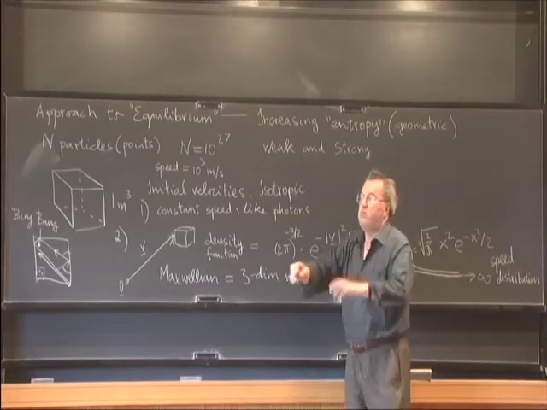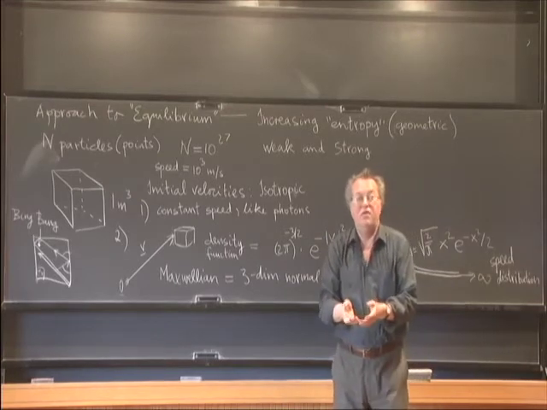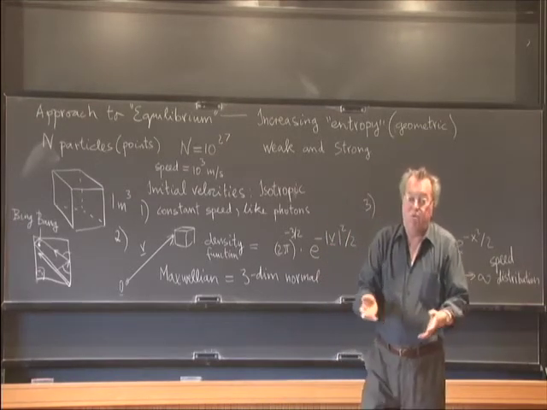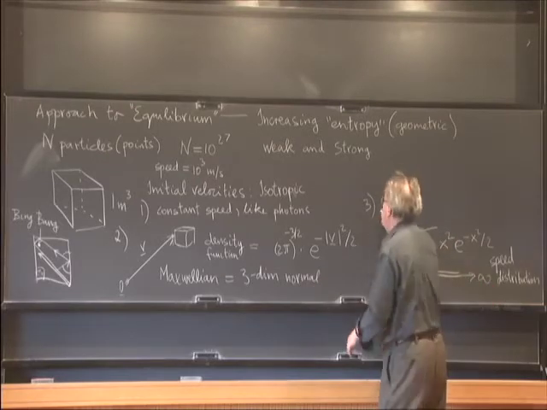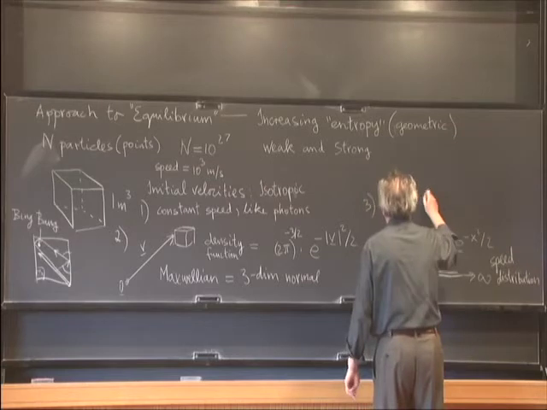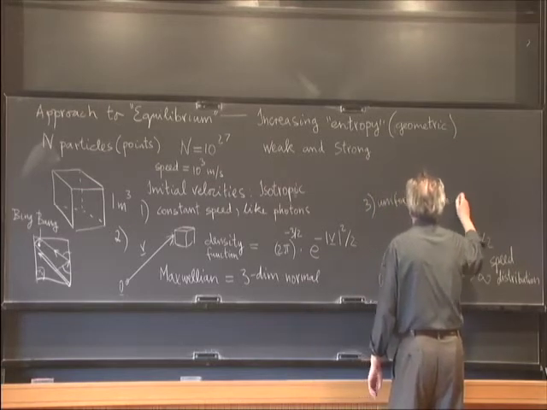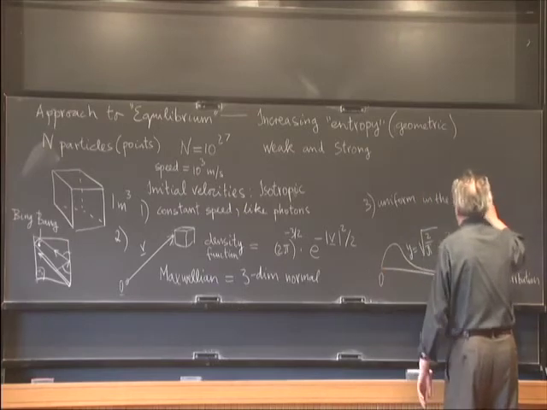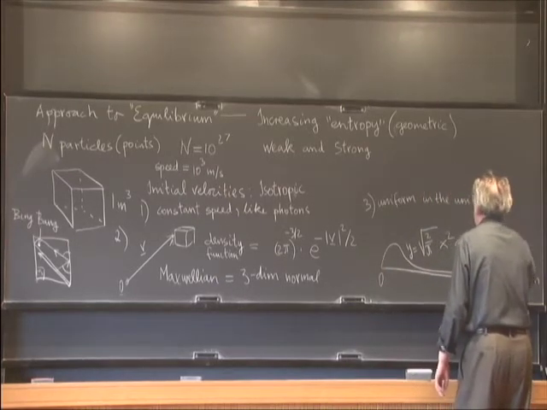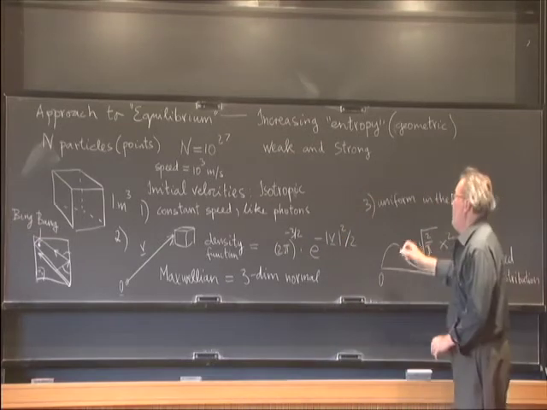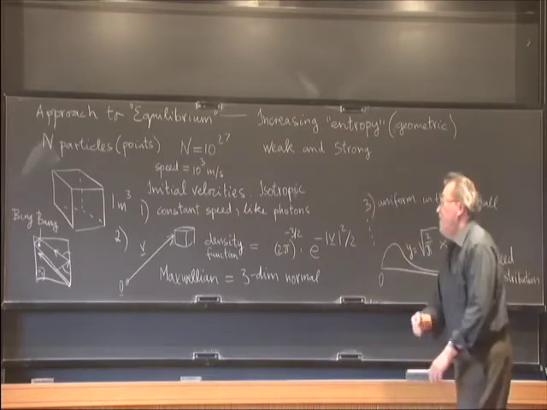This is uniform on the unit sphere. Another one is uniform inside the unit ball, for example. Okay, the velocity is uniform in the unit ball. This is the unit sphere. And of course there are infinitely many.